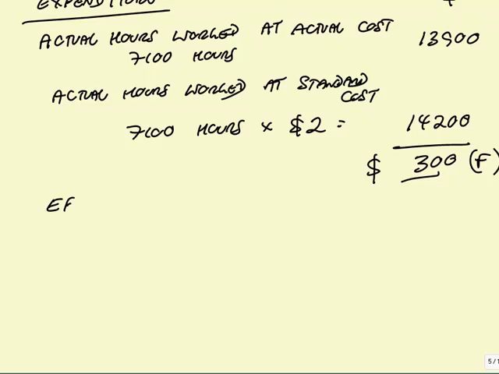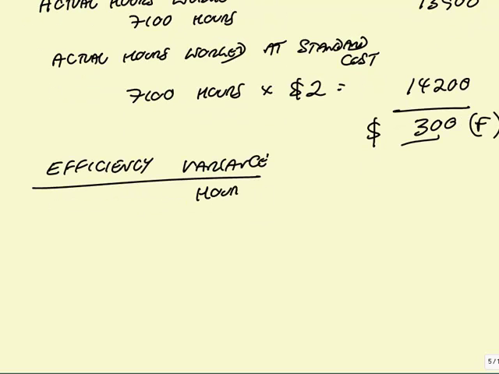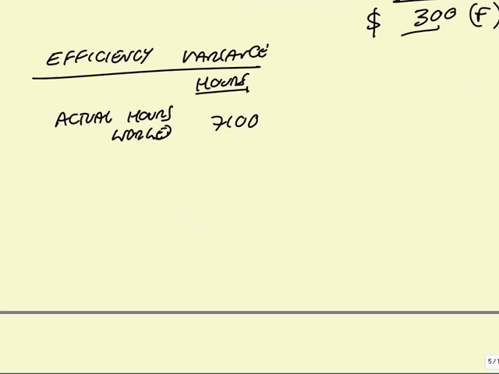To check whether we're faster or slower, you work in hours, you compare the actual hours we worked, which was 7,100. Was that quicker or slower? You compare it with the hours we should have worked, the standard hours for the actual production. How many did we produce? It was 1,200 units.